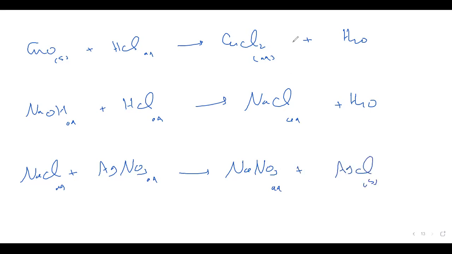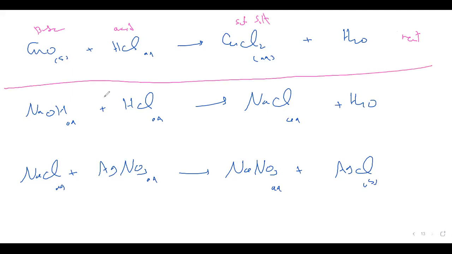You will find that the first one, a base reacting with an acid, is the neutralization process, forming soluble salts. For the second one, alkali reacting with an acid, aqueous, to form soluble salts, so titration.